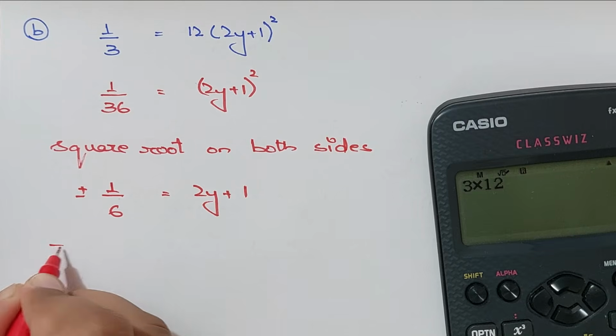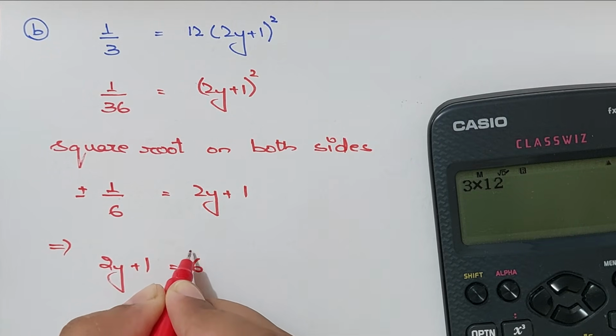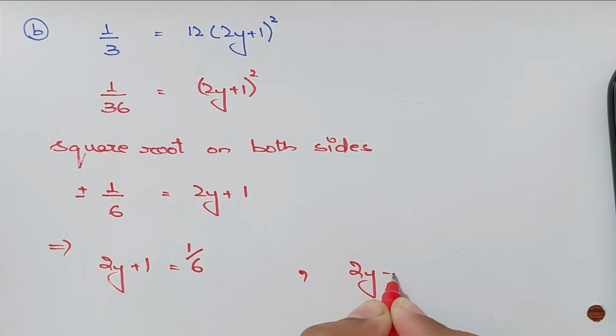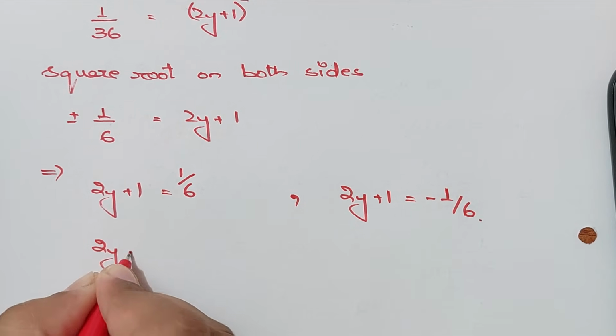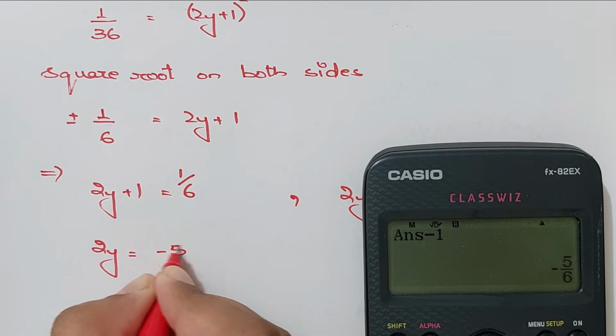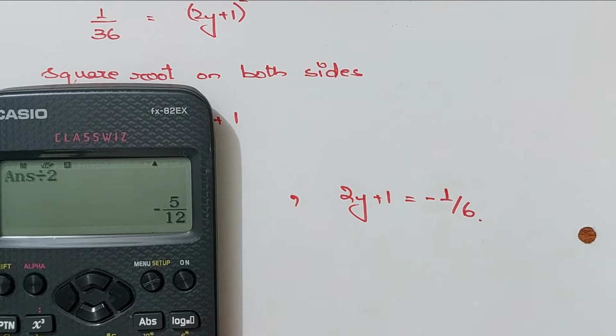So here we have 2y plus 1 equals 1 by 6, and the other is 2y plus 1 equals negative 1 by 6, right? So what is 2y? 2y equals 1 by 6 minus 1, which is minus 5 by 6, and dividing by 2 is minus 5 by 12, right?